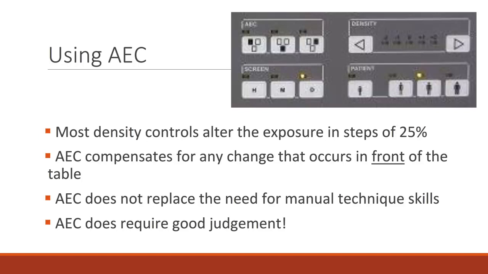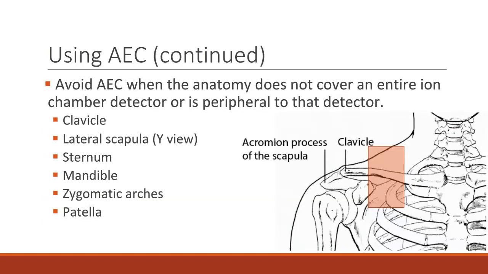This includes selecting the correct ion chamber detectors to be activated and understanding what exams are not conducive to AEC. You should avoid using AEC when the anatomy does not cover an entire ion chamber detector, or is peripheral to that detector. Such is the case with the clavicle. Notice that the raw, unattenuated beam is reaching a portion of the detector.